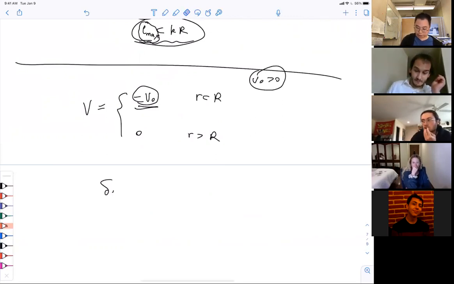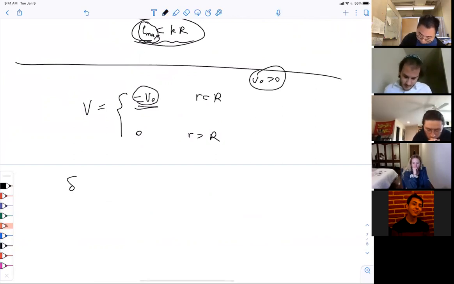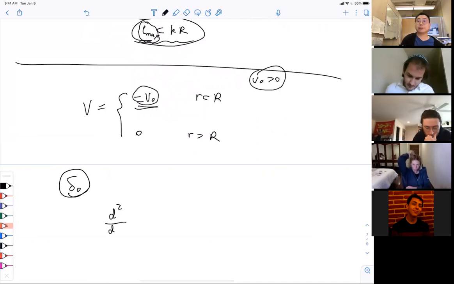Okay, let's say determine delta L, generally speaking. To do that, we also need to solve A_L. Let's determine delta 0. We only care about the S wave. Then we write down this expression.